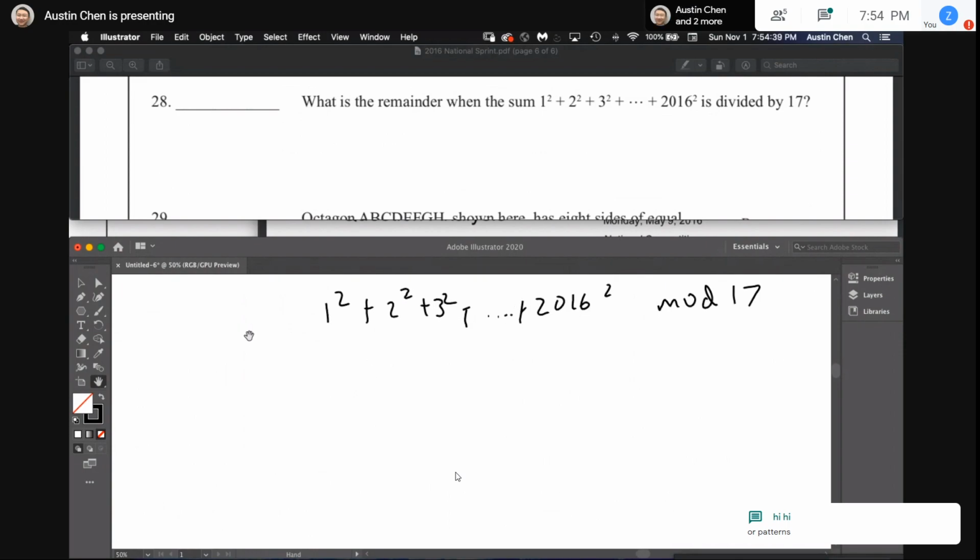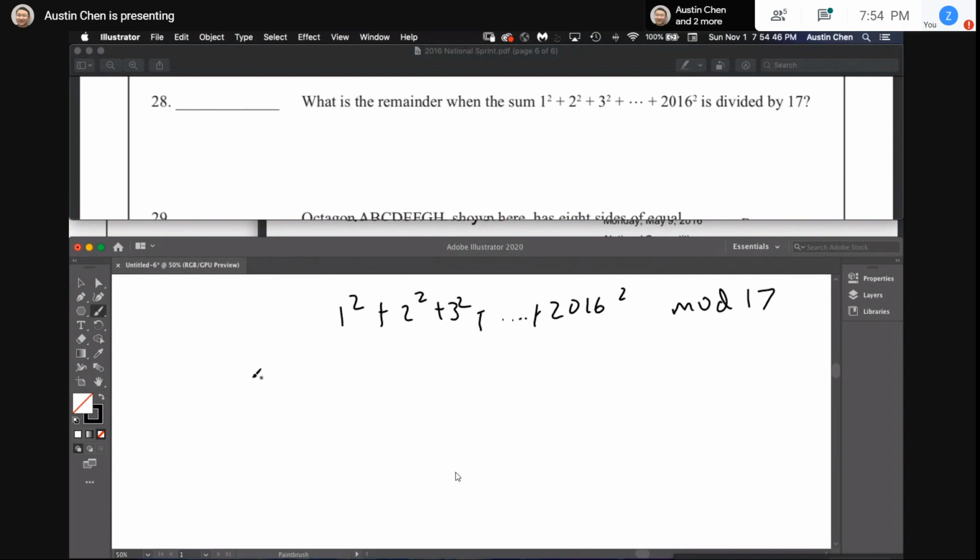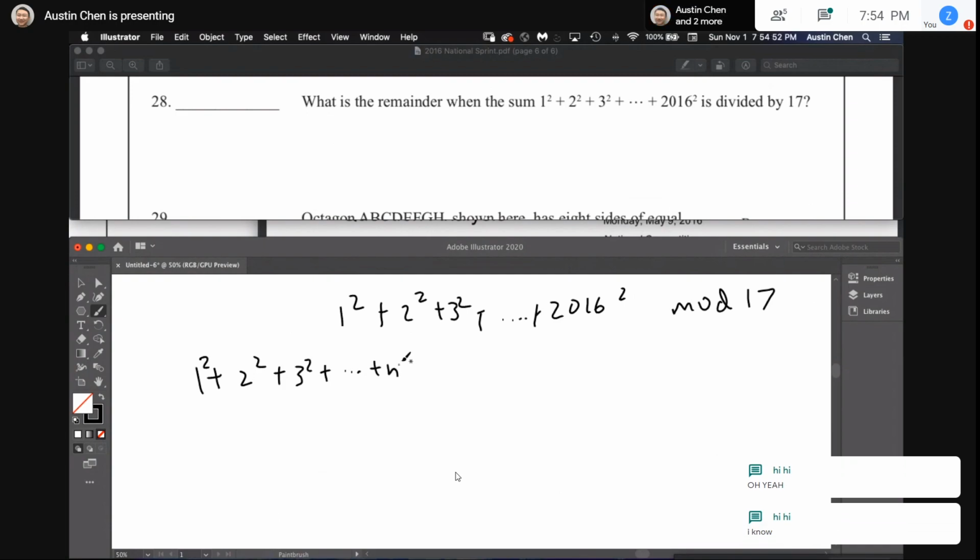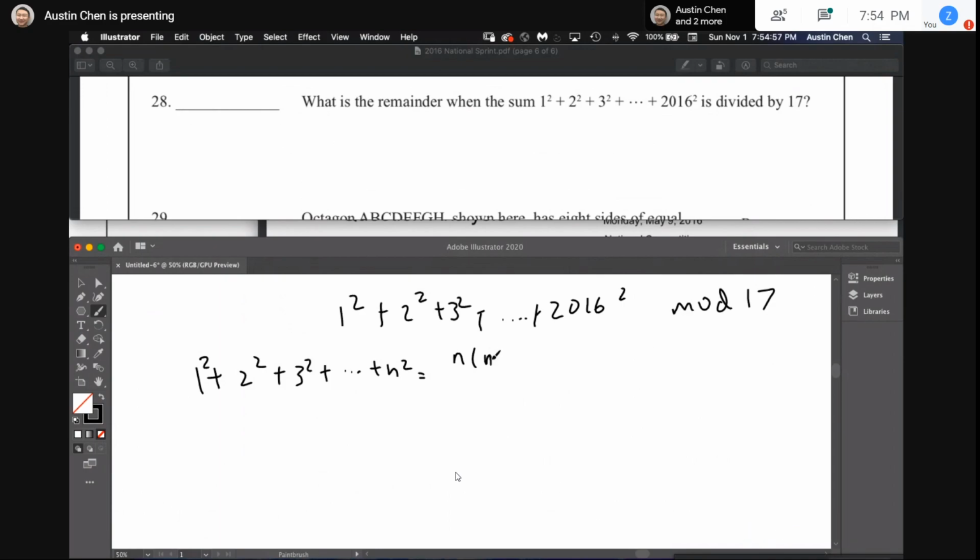There's the sum of squares formula, right? If you have 1 squared plus 2 squared plus 3 squared plus dot dot dot plus n squared, it's n times n plus 1 times 2n plus 1 over 6.